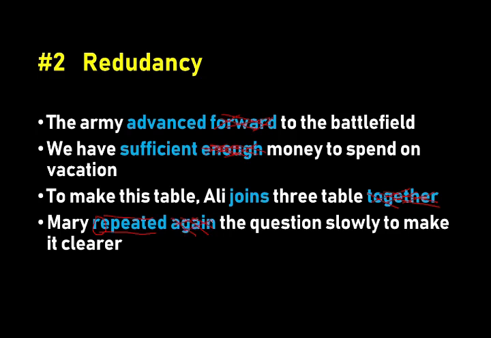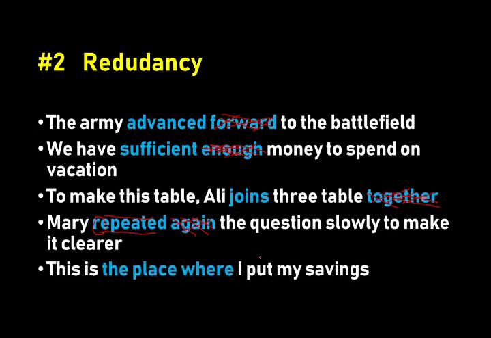Last is, this is the place where I put my savings. Here the place and where indicate the same thing. So one or the other should be used. Now I will use the word where for this example. And so here we have sentences without redundancy.